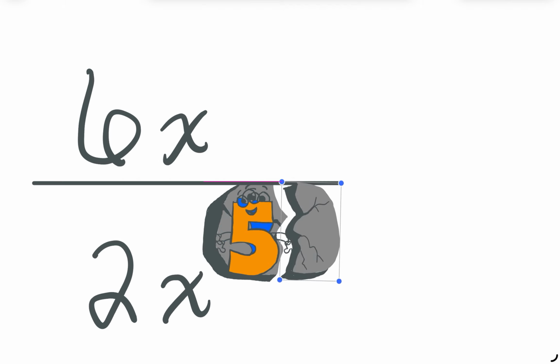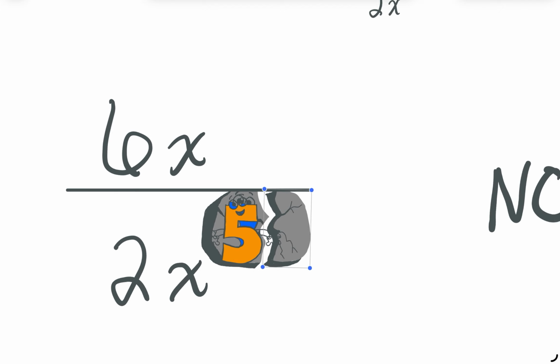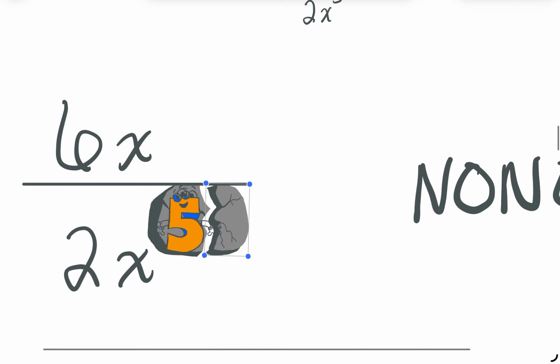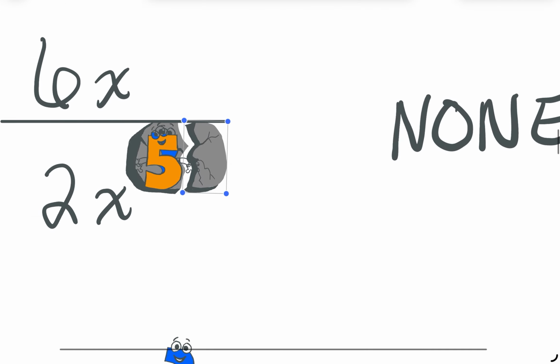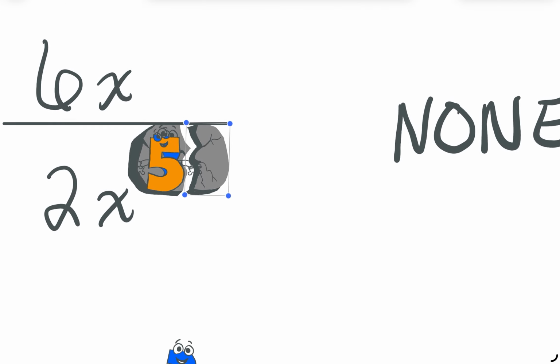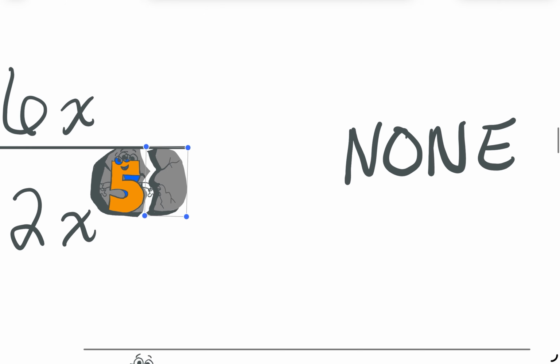Oh no. So here we are, it broke apart, so everything is crushed. So when the exponent on top, or the degree, is greater, we say none, okay? So 5 was greater than 3, it crushes it, so there's no horizontal asymptote.